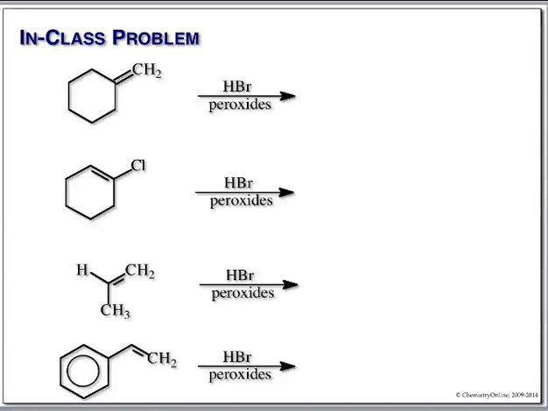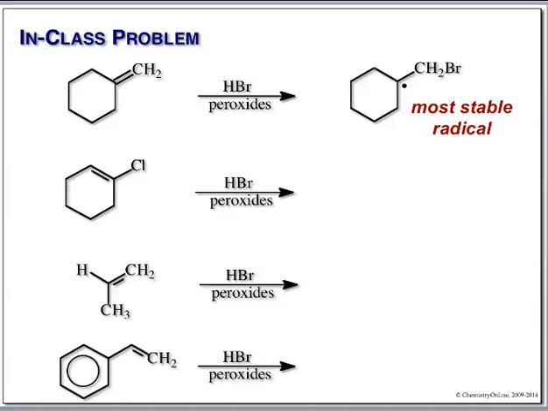Primary carbon, tertiary carbon. The most stable radical would be on the tertiary carbon, wouldn't it? Which means that bromine must add to this carbon. Now our bromine's already on there.